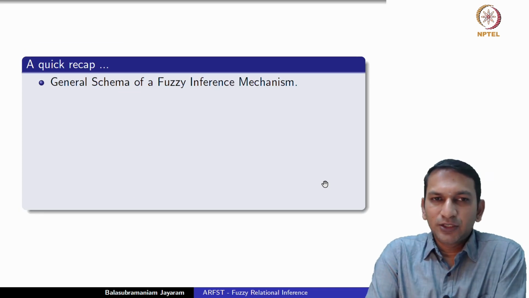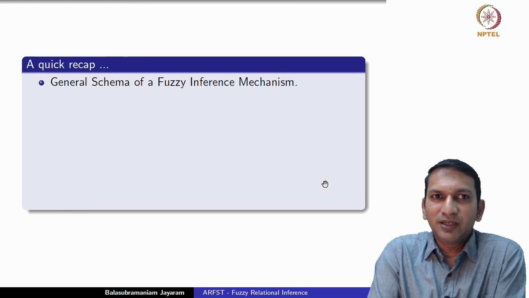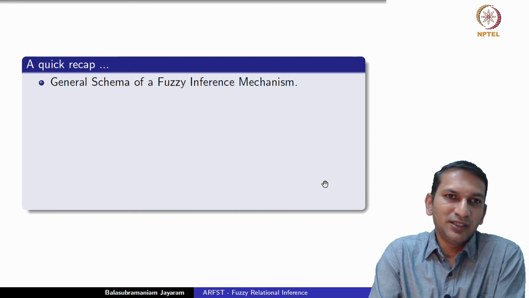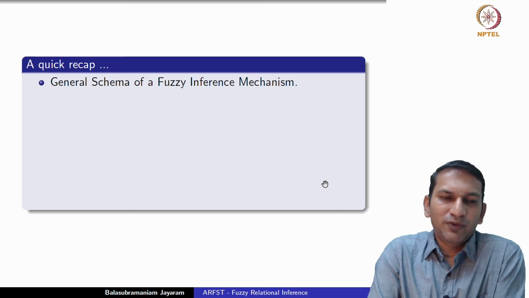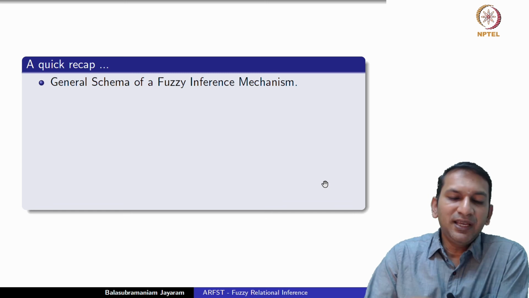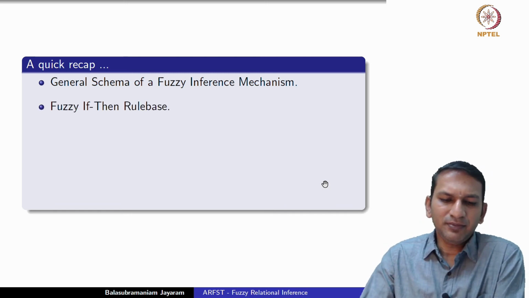Well, this is how we have done the inference with two of the most important ways of obtaining outputs using fuzzy relational inference, that of CRI and BKS. A quick recap of what we have seen in this lecture. We began with the general schema of a fuzzy inference mechanism.